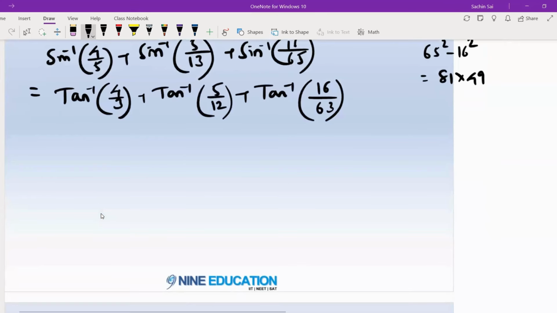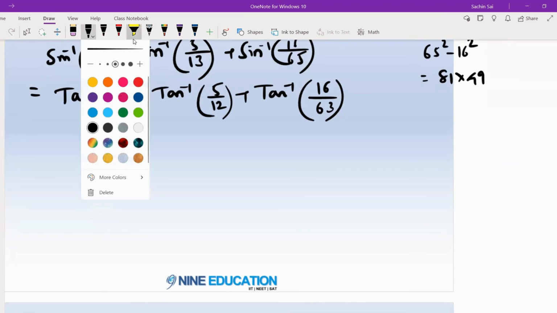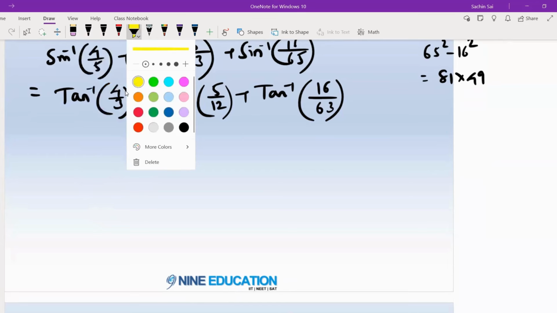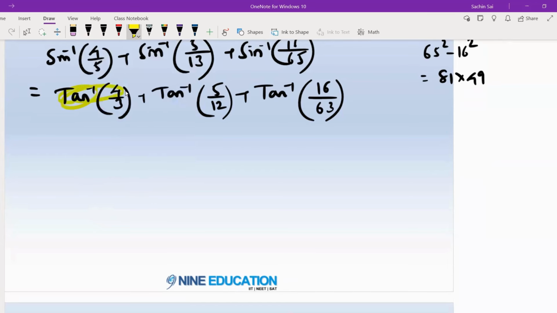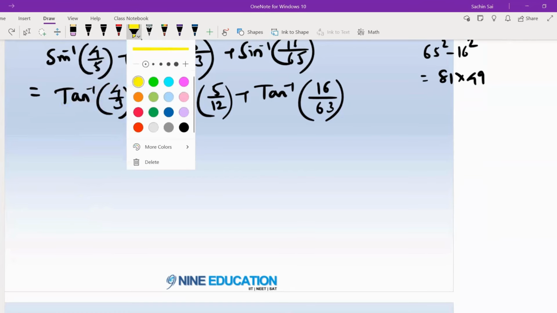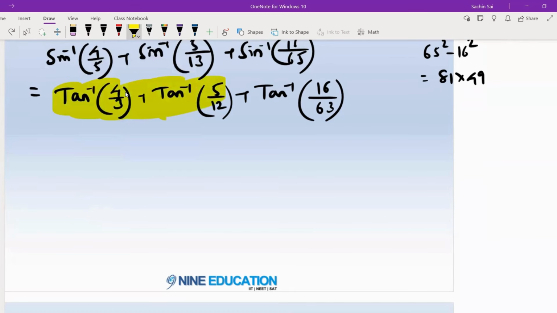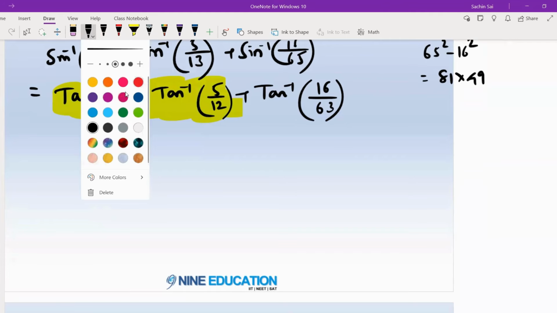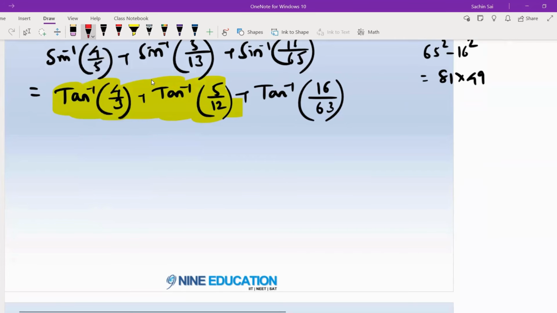So now first we will evaluate two of the terms, right? Tan inverse 4 by 3 plus tan inverse 5 by 12. So how do we do this? Here you have an expression of the form tan inverse x plus tan inverse y, right? I know that x is positive, y is positive, and xy is less than 1.